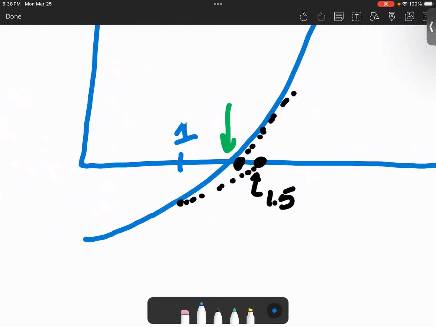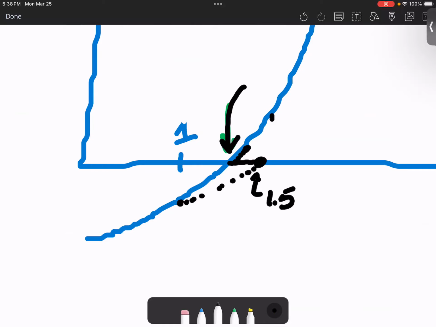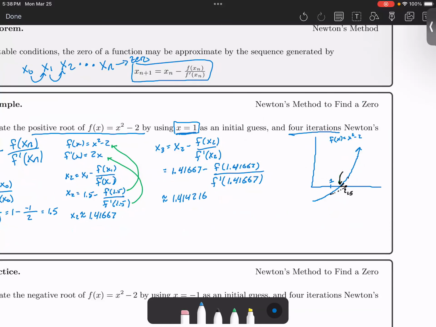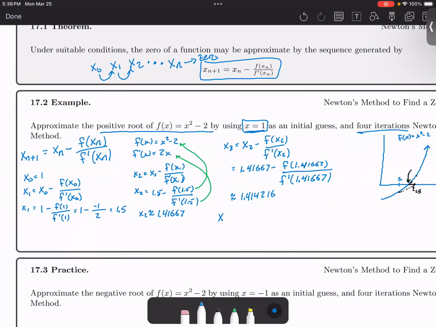If I can zoom in a lot now, I'll have to clear off the board. We now took that guess, looked at its tangent line, and it got us even a little bit closer. So we're really just zooming in on that 0. Let's look at one more. How many times have we done Newton's method?